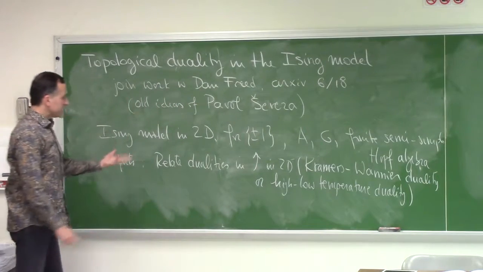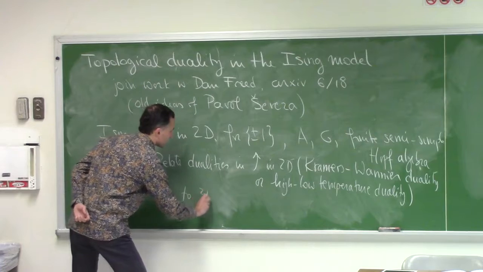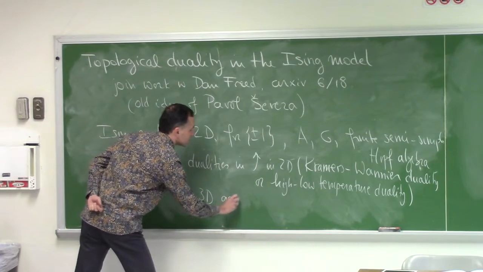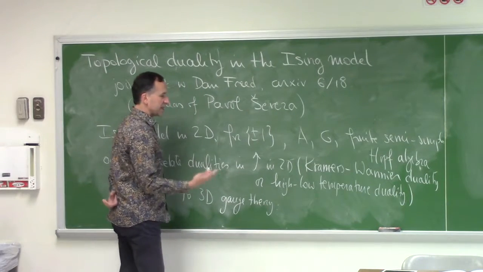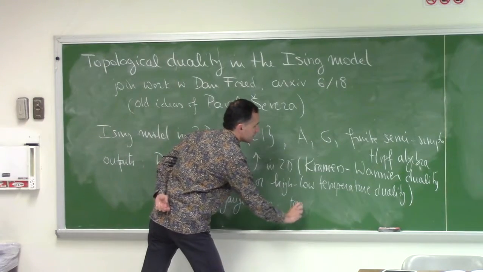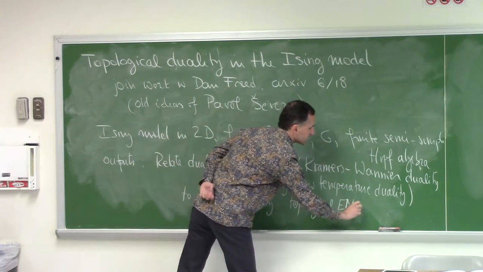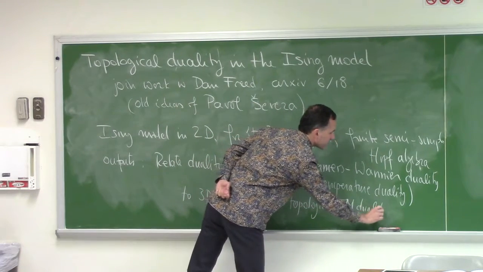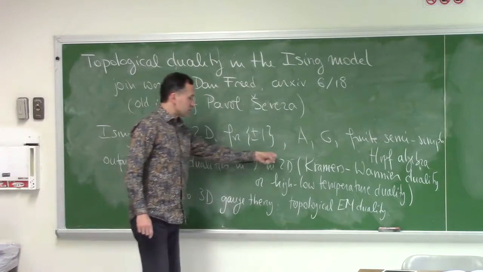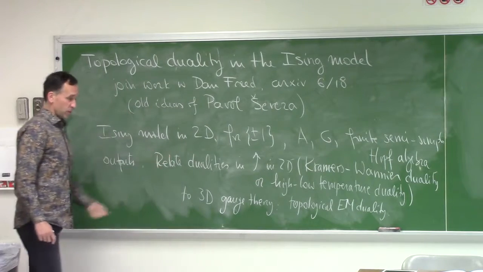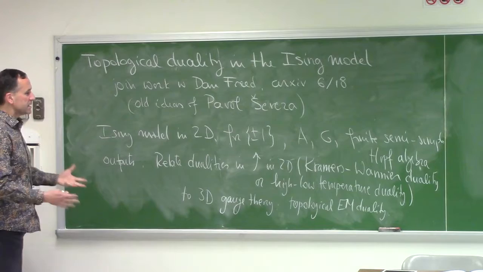It is related to a duality in 3 dimensions, the 3D gauge theory, known as topological electromagnetic duality. And the relation is simply, to be precise, the 2-dimensional one lives on the boundary of a 3-dimensional one. Okay, fine, and that makes the statements cleaner, but doesn't do a whole lot.